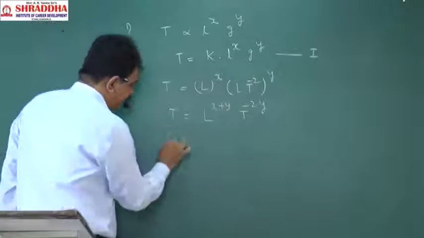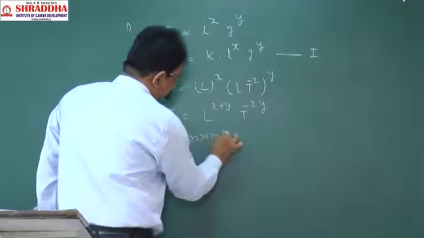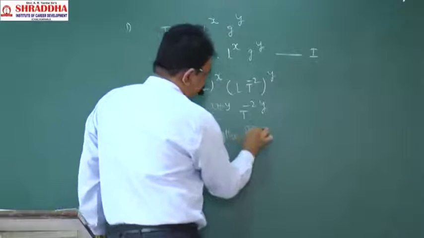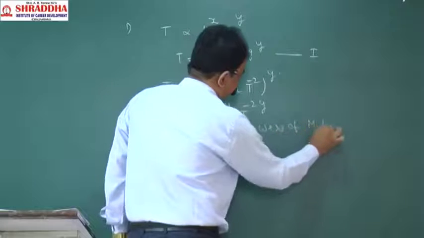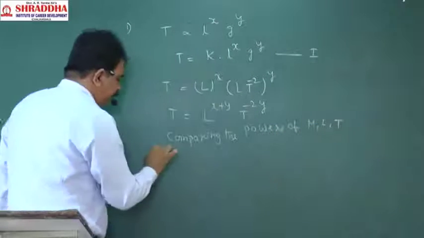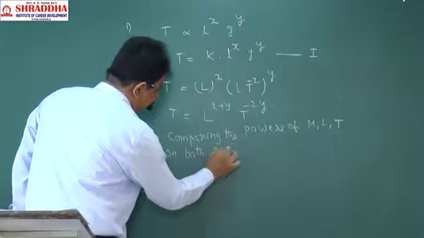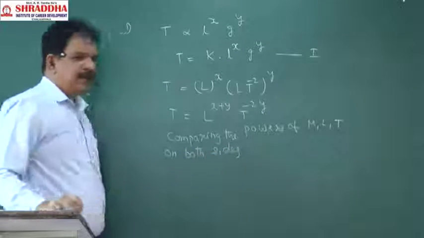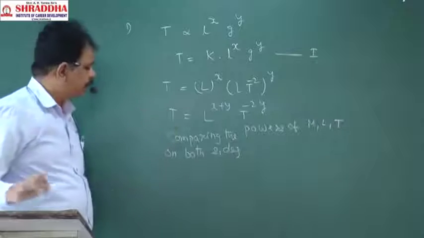So, comparing the powers of M, L, T on both sides. M is not there.